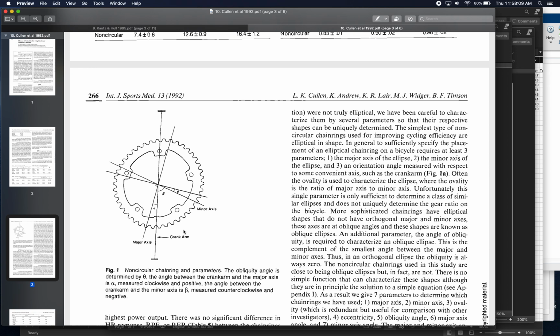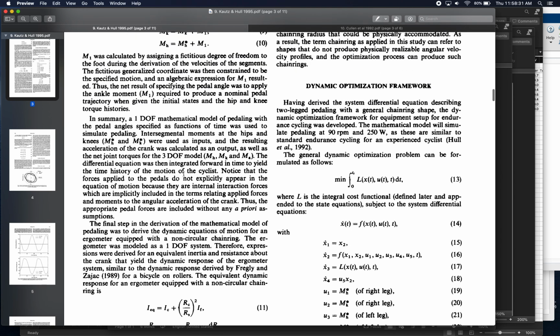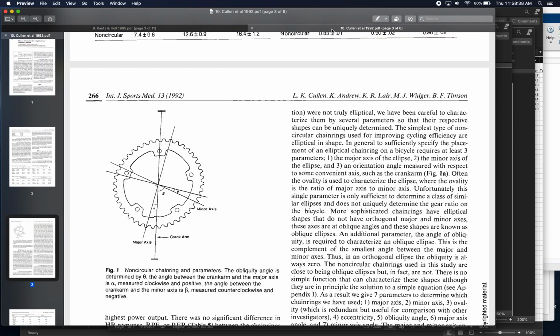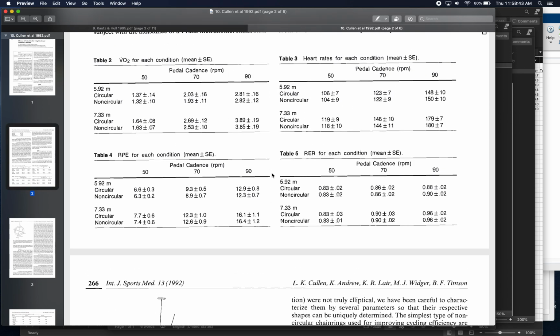Another thing that could factor in here is related to what we talked about earlier in some of the running studies on the motor learning effect and the time course effect. The model here has no motor learning in it. It's essentially already done all of its motor learning. The optimization process includes that implicitly, so this is kind of the long-term effect of how the model would perform if it trained for an indefinitely long time with this non-circular chainring. Whereas these riders were presumably not super experienced with non-circular chainrings.